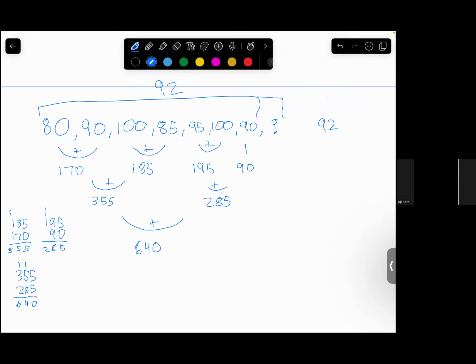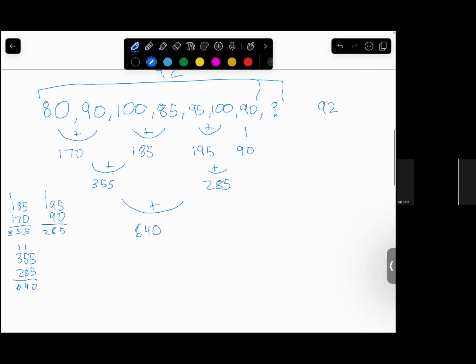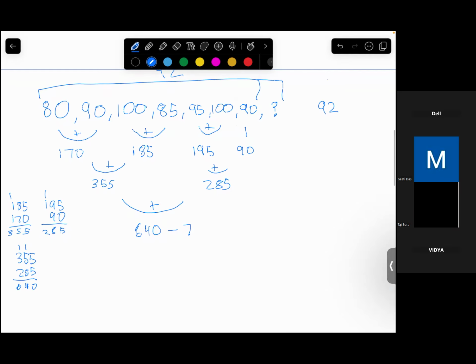So now we figured out in 7 tests, he has scored a 640. So he wants to score a 92% overall. So we are asking on his 8th test, what will he need to get to score a 92?